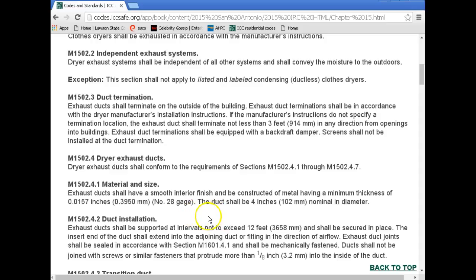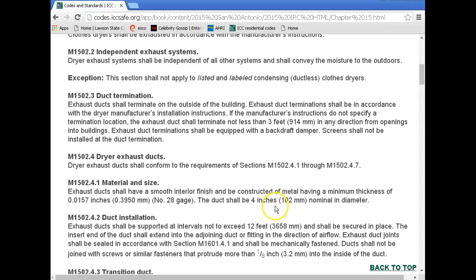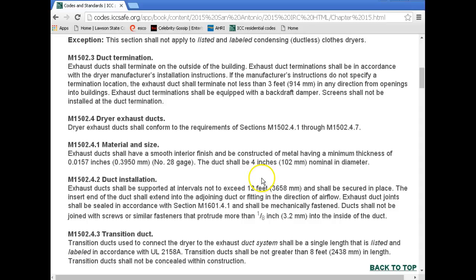That's 28 gauge. That's what most of our ductwork is anyway. The duct shall be 4 inches nominal in diameter. So even if a lot of these fans and the dryers come with a 3 inch, you still have to run 4 inch, okay?